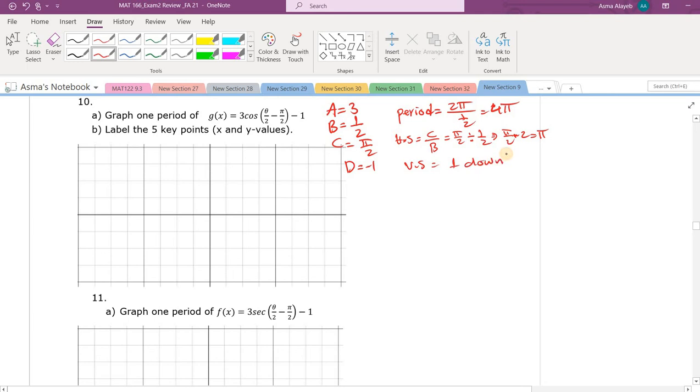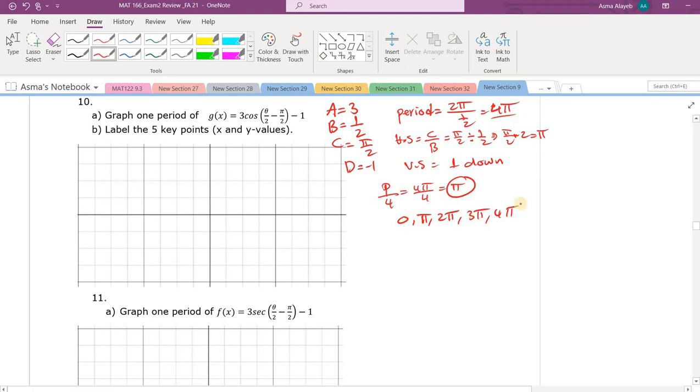All right, now I want to find my important points. The period divided by 4 is 4π divided by 4, which is π. I'm going to start with 0, and then add π each time until I reach 4π. So π, 2π, 3π, 4π, and I know to stop because that is the length of my period. Now, two options.